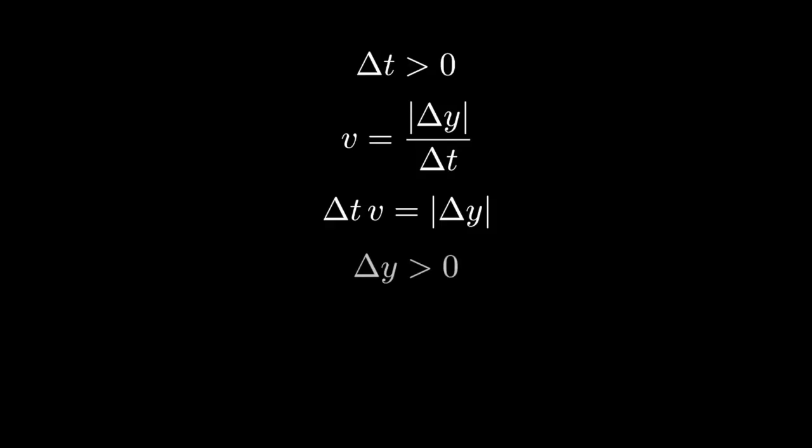Now, if delta y is greater than 0, which is what we have in this case, then we actually can say that the absolute value of delta y is equal to delta y. So the absolute value isn't needed. And so the previous equation becomes delta t times the speed v equals delta y.